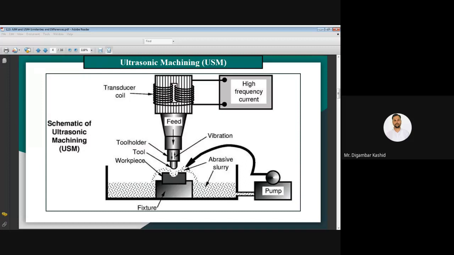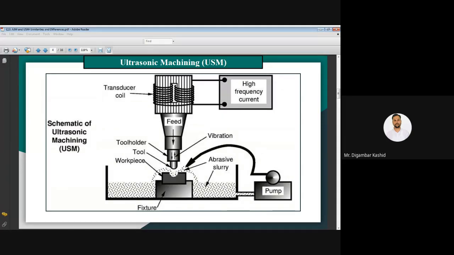Here the tool is given a particular shape based on the intended profile, and it is vibrated at a high frequency with low amplitude above your workpiece. Due to the vibrations of the tool, they transfer to your abrasive slurry, that means abrasive particles in the liquid.